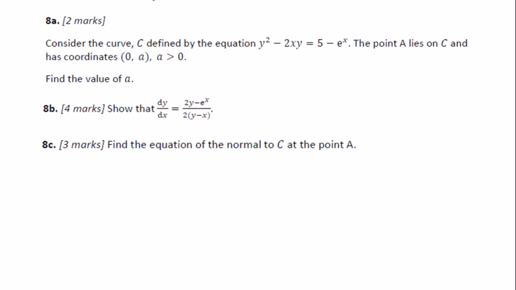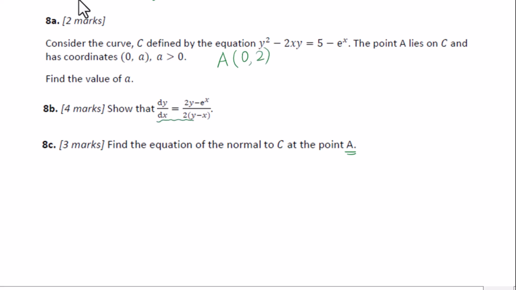Let's go to 8c. Find the equation of the normal to C at the point A. We already figured out the coordinates for A is (0, 2). We already know dy by dx. This is the slope of the tangent line.